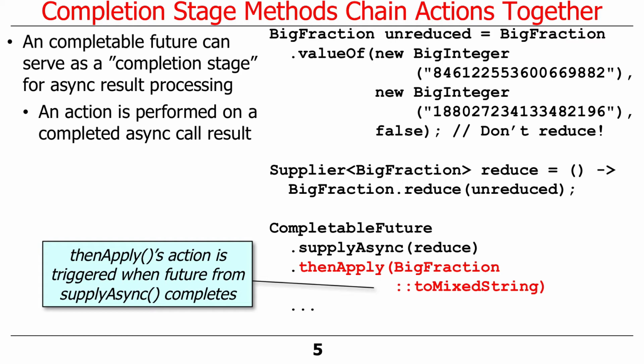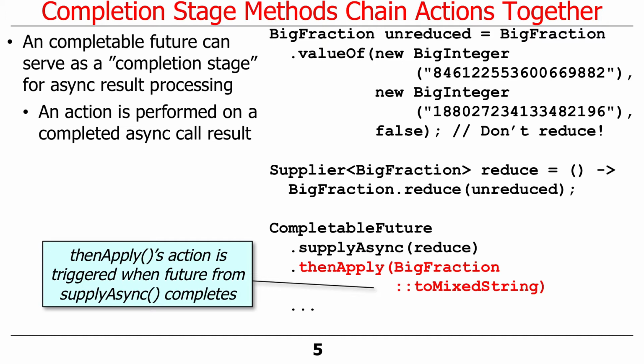That'll run in the background, chunking away. And then once it's done being reduced, we apply this method reference in order to convert it from an improper fraction to a mixed fraction.